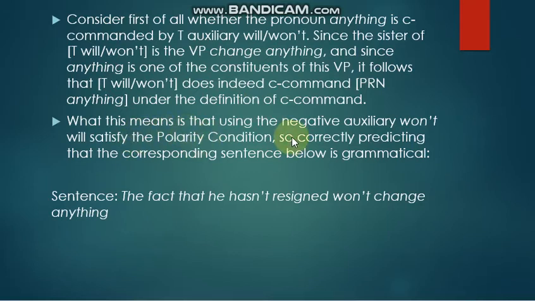What this means is that using the negative auxiliary won't will satisfy the polarity condition, so correctly predicting that the corresponding sentence below is grammatical. The sentence: "The fact that he hasn't resigned won't change anything."